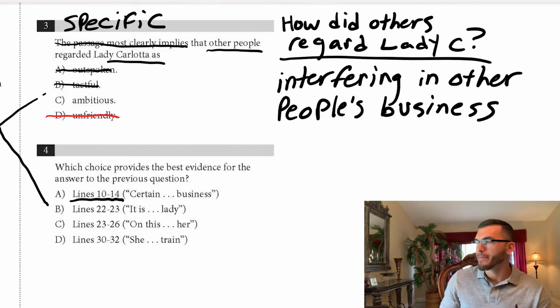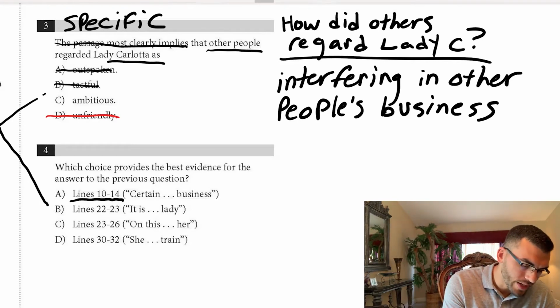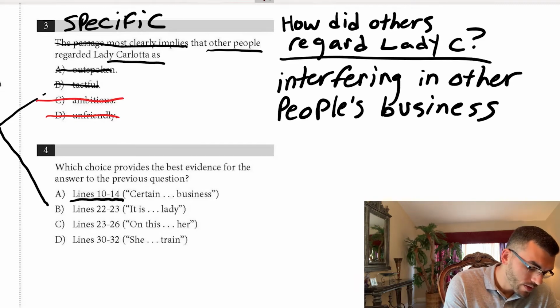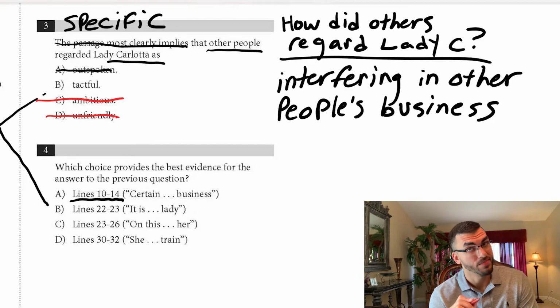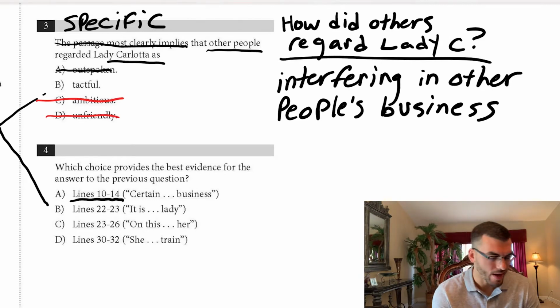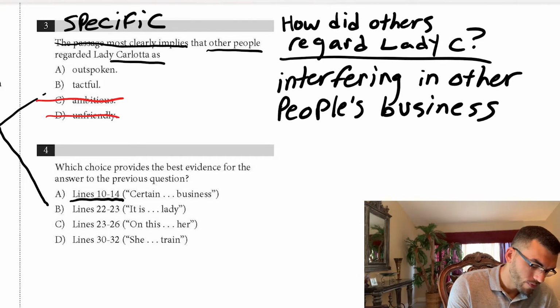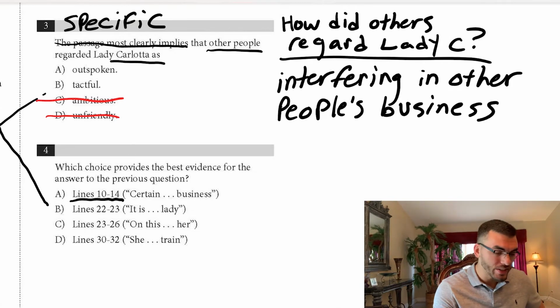Ambitious, if you're ambitious, are you interfering in other people's business? That's too big of a stretch. Tactful, do you know what tactful means? If not, you can't cross it out. And that's always going to happen. You're always going to come to words that you don't know what they mean. Outspoken.